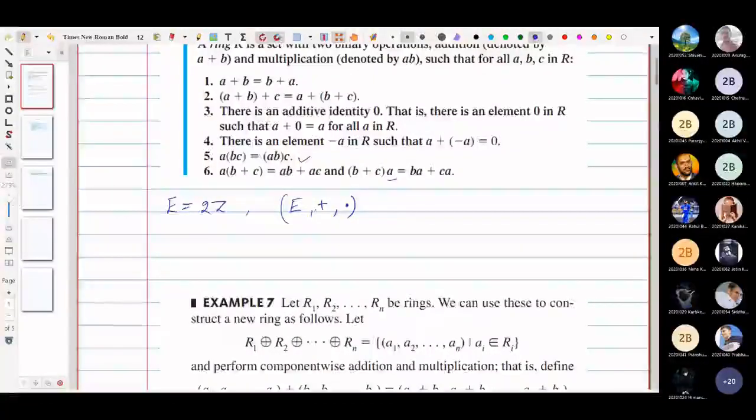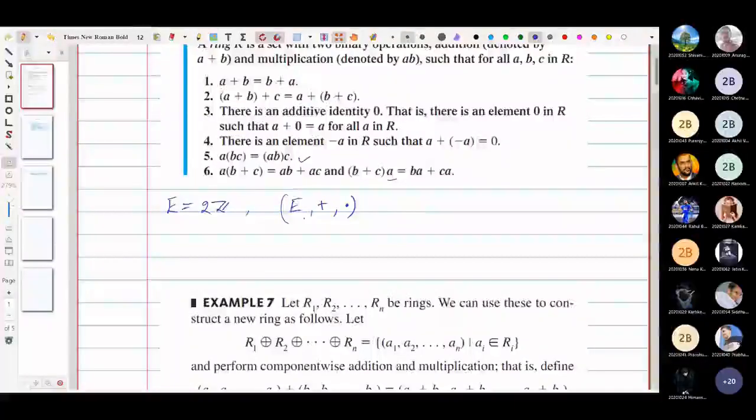Is it going to be a ring? Of course, the sum of two even numbers is even. All right. And if 2 is there, then minus 2 is also going to be there. Similarly, if 2m is there, then negative 2m is also there. So additive inverses are there for every element.